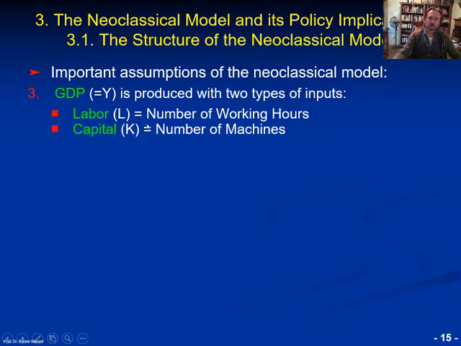Here we make the assumption that total GDP can be produced only with labor input and capital input. This is certainly a simplification that makes the analysis simpler and does not change the basic conclusions which we can draw from this neoclassical textbook model.